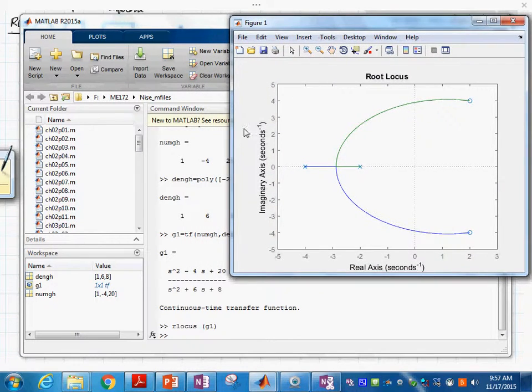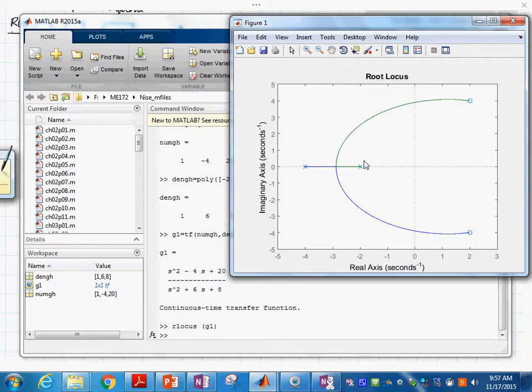There you can see, here's the transfer function, and this is the plot. See, the zeros of the numerator are these ones. And the roots of the denominator are obviously that -4 and -2, you see?